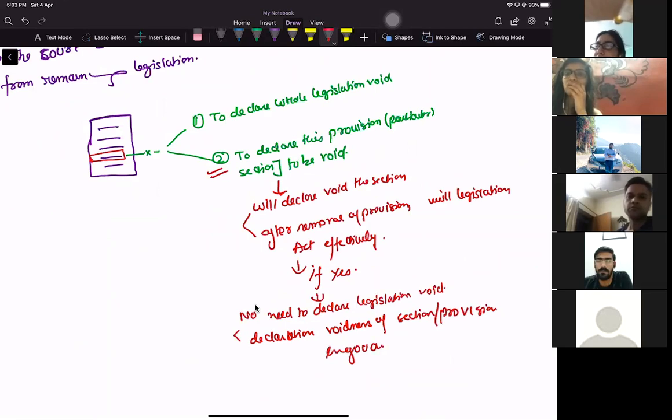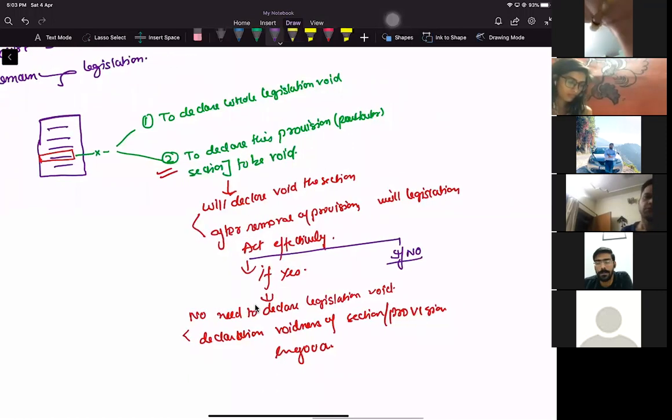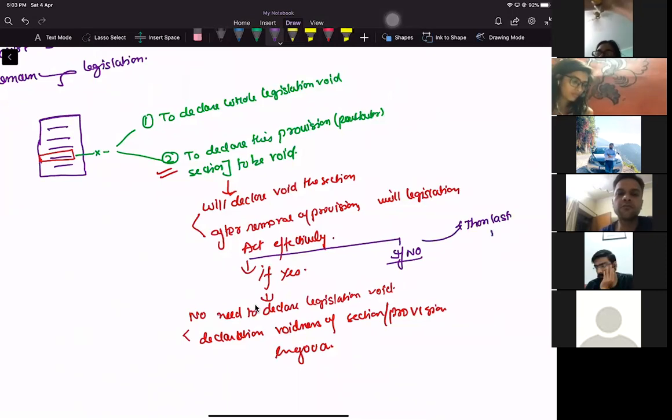But suppose if no, that means if it does not work effectively, then what? Then the court has a last resort. Last resort means आखिरी रास्ता. That is to declare the whole legislation void. So that is the last resort.